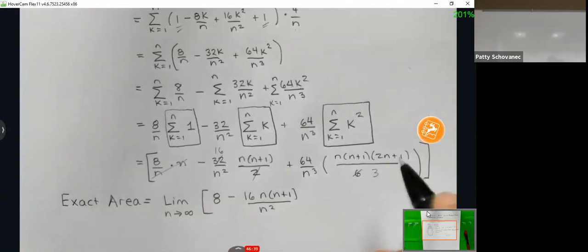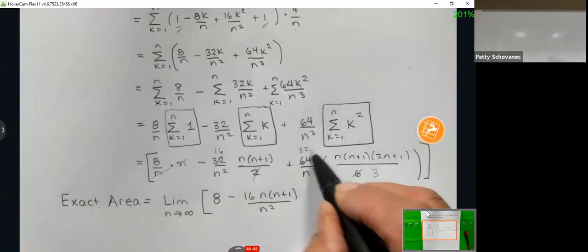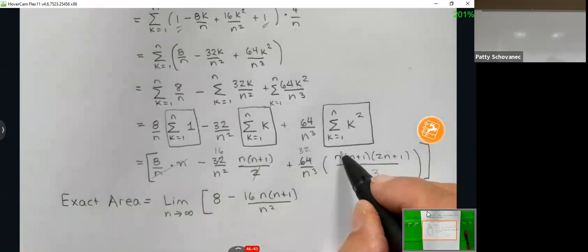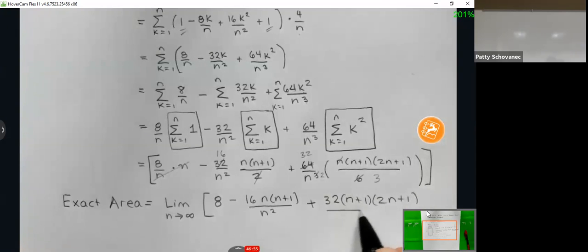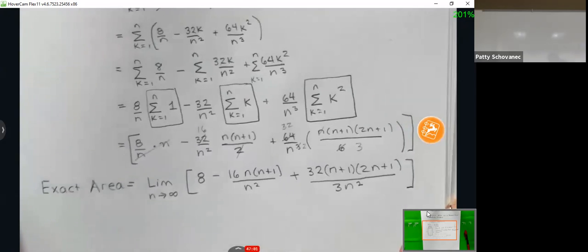So let's put a 3 here and a 32 here. And let's even cancel one of the n's here. So I have plus 32 times n plus 1, 2n plus 1 divided by 3n squared. Are you with me?